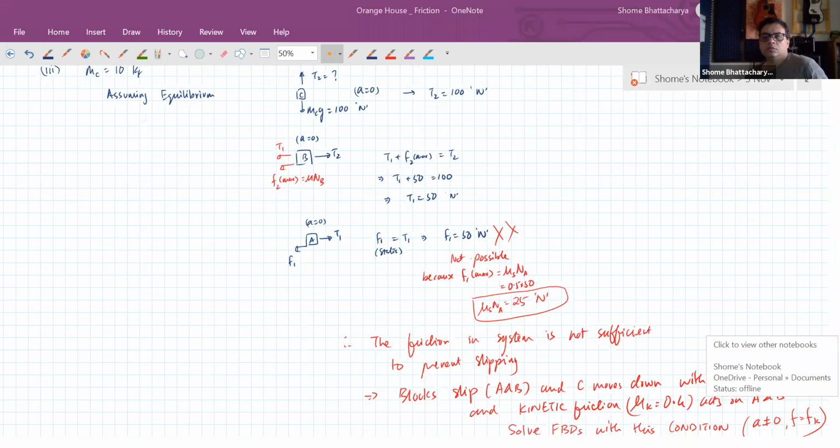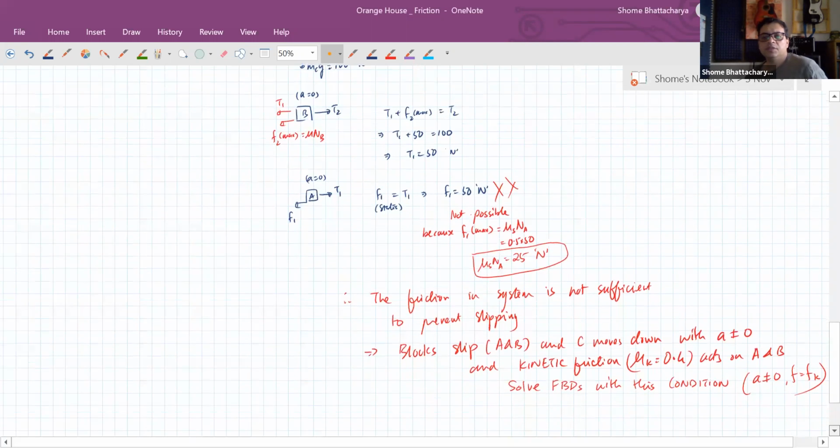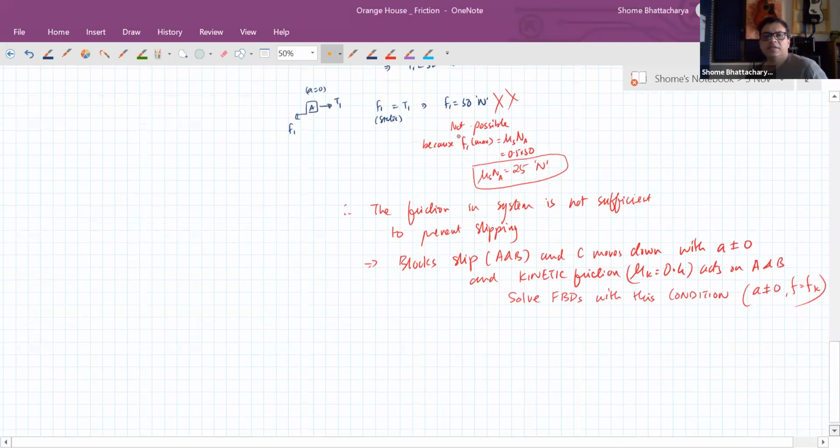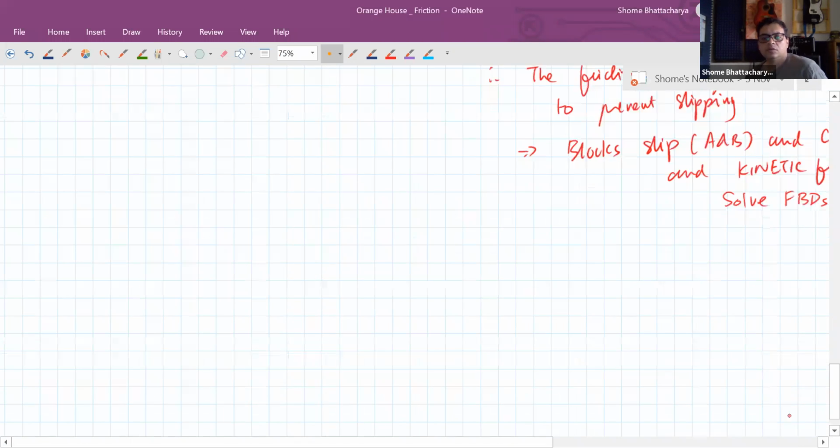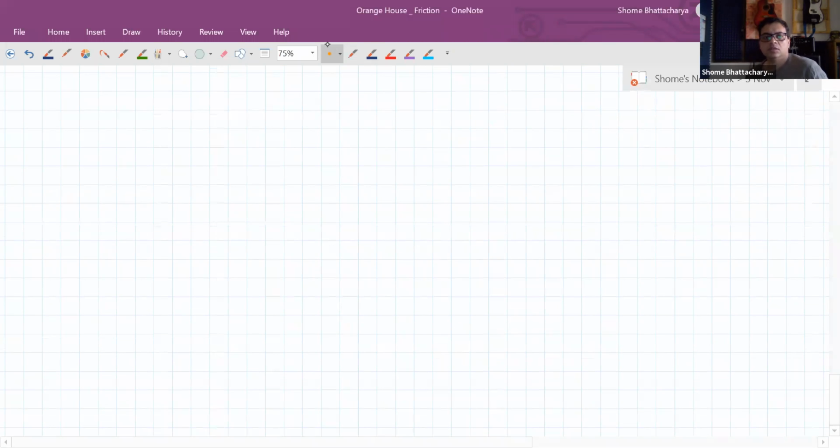Once we know that slipping is occurring, we can apply that trick also, that we can make a combined free body diagram for A and B. That will save us some time. Not a huge amount of time, but you can just keep it this way only.